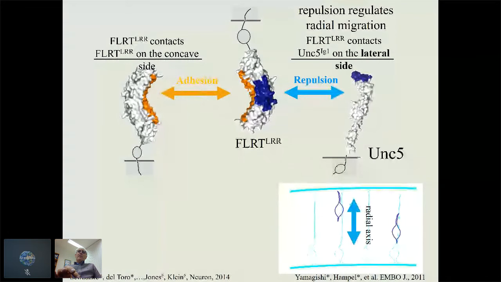So Elena was able to identify the exact amino acids that mediate this interaction, and we could make mutants of the FLRTs that would either fail to interact with other FLRTs or with the UNC5 receptor by putting, for example, a glycosylation site here in this blue patch or in the yellow patch.